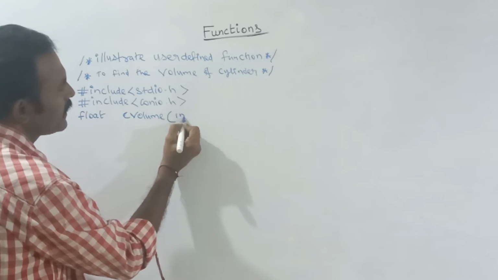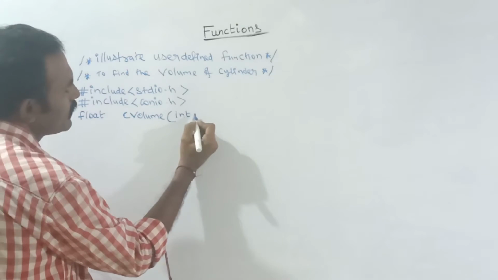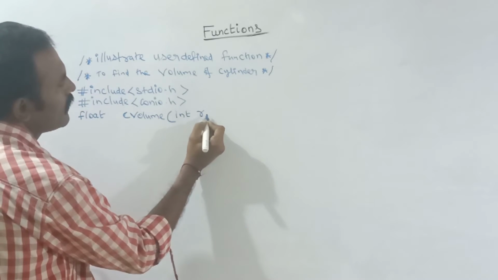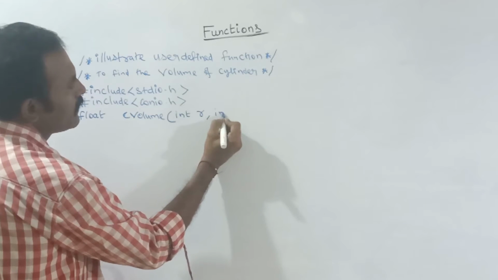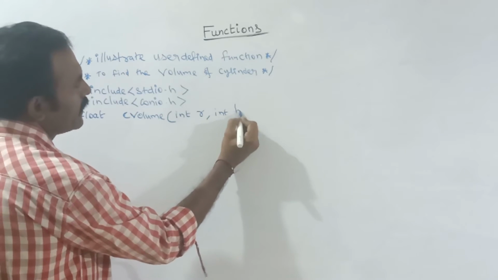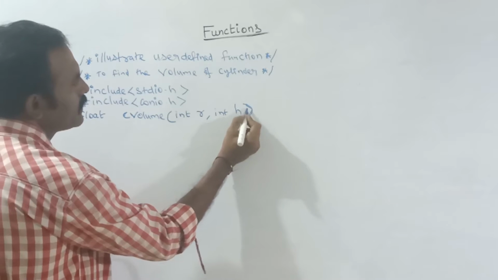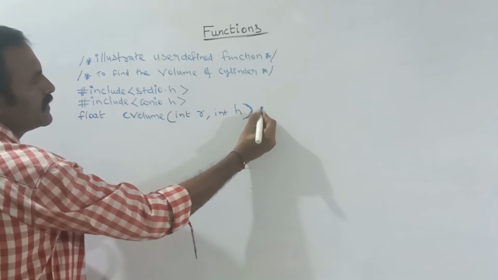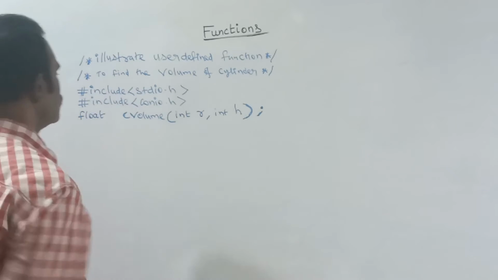Both I am declaring as integer. Integer R for radius, next integer H for height. Next I am closing the parenthesis. In a function declaration we should give the semicolon.